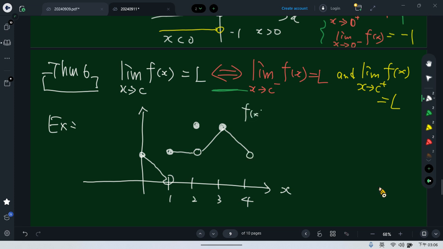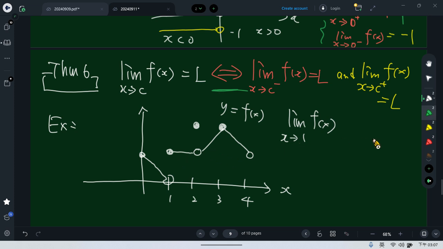This y is equal to f(s). So when I ask you, limit as s is approaching 1 of f(s), does it exist? No. Why?